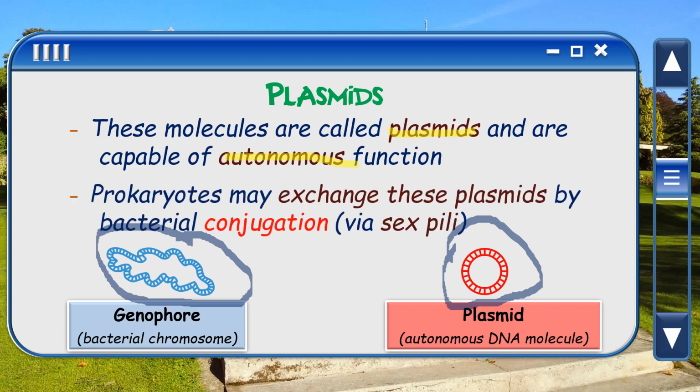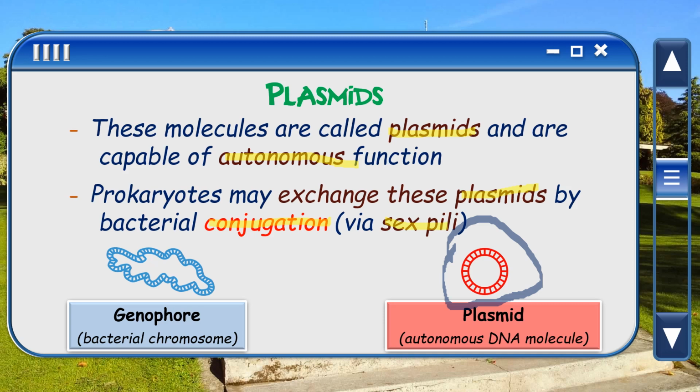Prokaryotes may exchange these plasmids by bacterial conjugation via the sex pili.